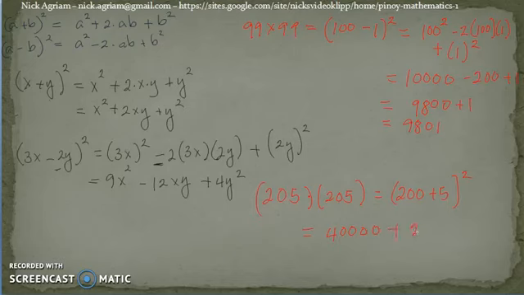Plus 2 times 200 times 5, plus 25. Then we have 40,000 plus 10 times 200, that is 2,000, plus 25. Then we have 42,025.